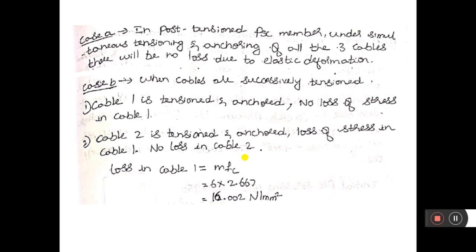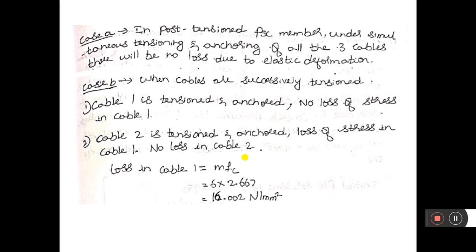These compressive stresses acting on both the ends of the beam will try to further shorten the concrete member. So there may be some shortening in the length of the concrete member due to the stresses developed on both the faces of the concrete member.